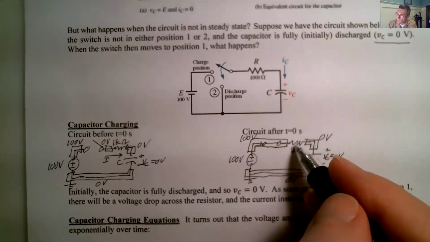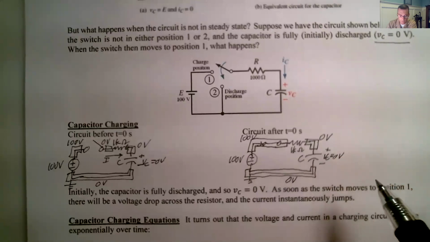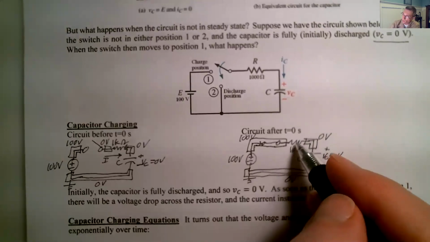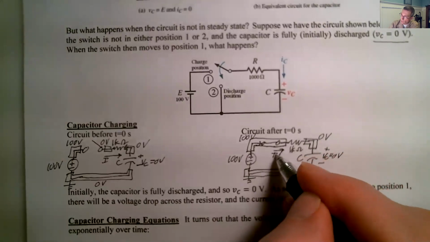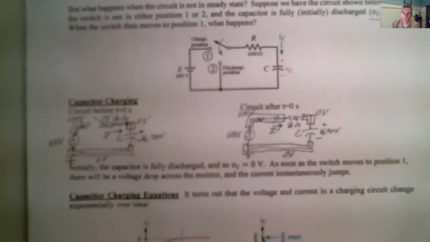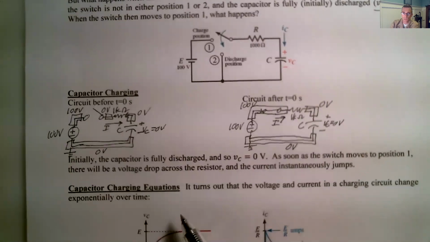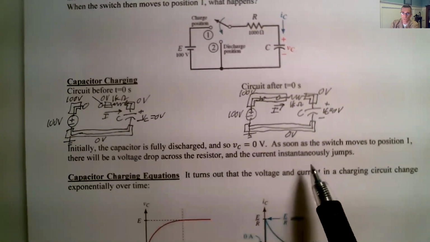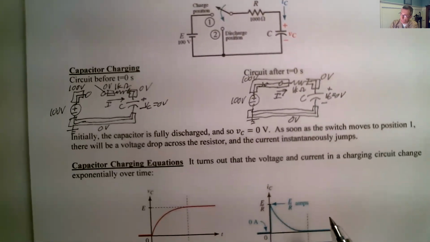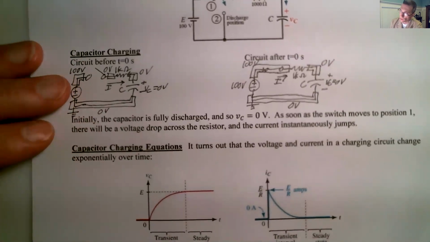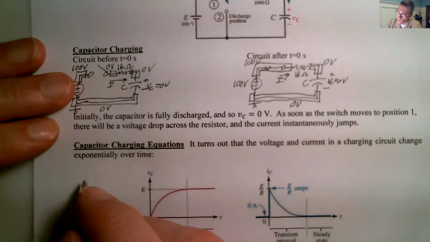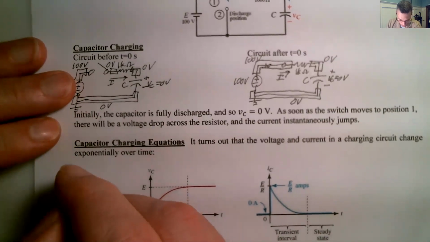So all of a sudden we induce 100 volts across that resistor. That means that now we're going to get a current. So as soon as the switch moves to position 1, there's a drop across the resistor, and the current jumps instantaneously.